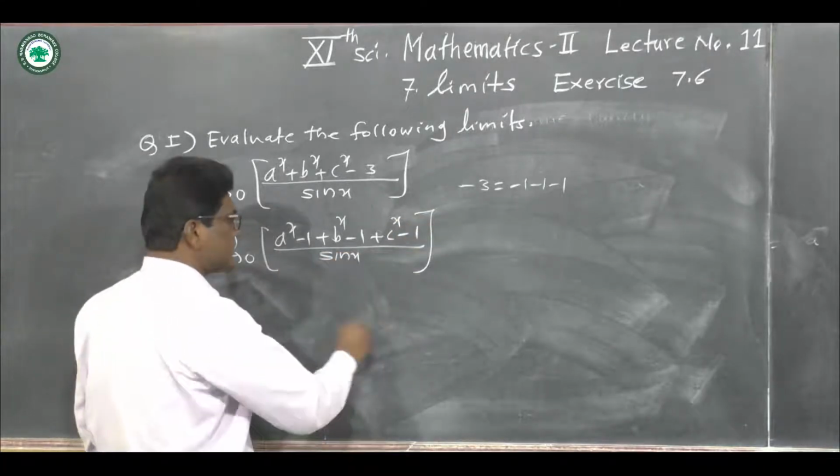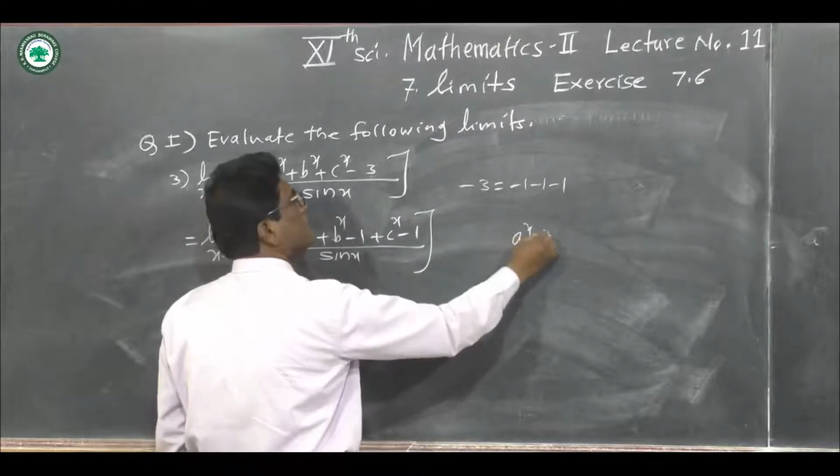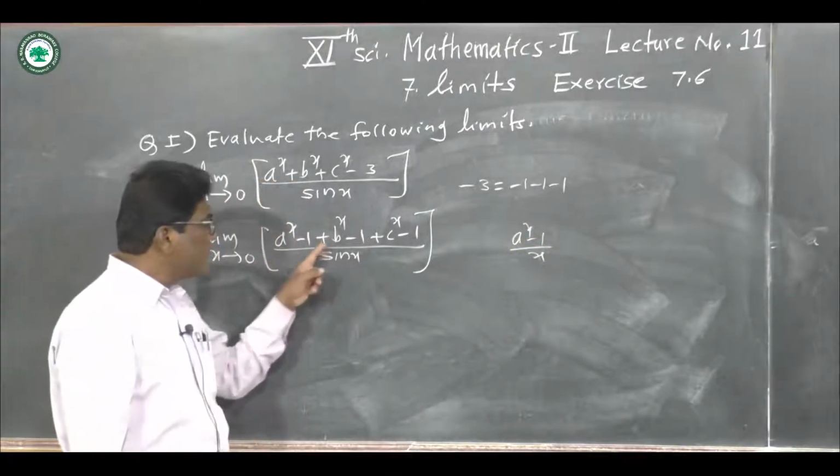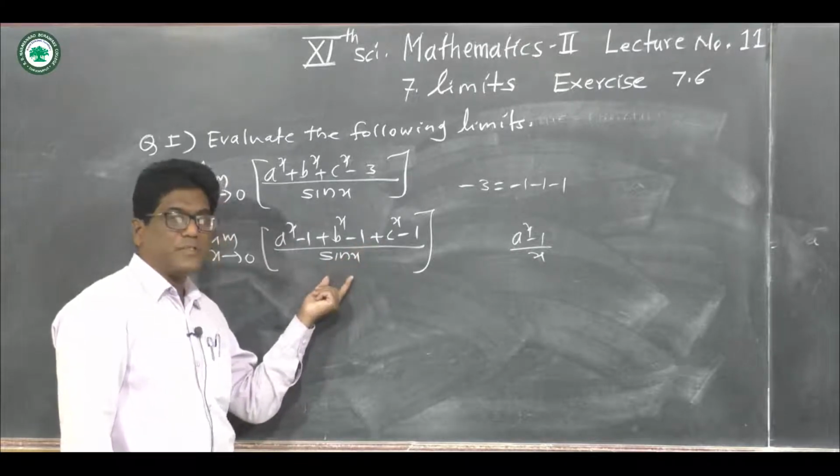Okay, to use the standard formula, a to the power x -1 upon x divided by x. So we divide the numerator by x and also the denominator by x.